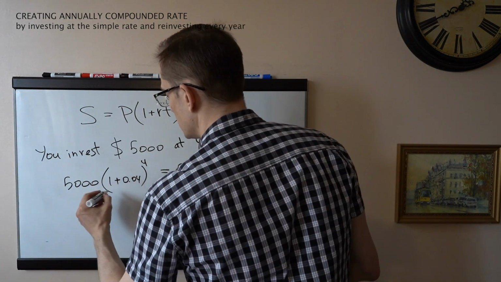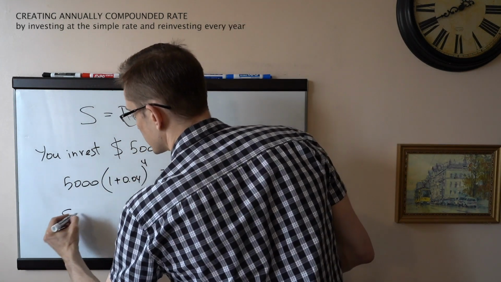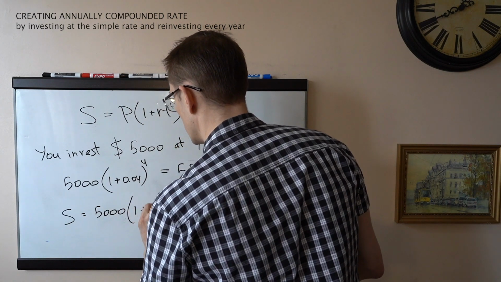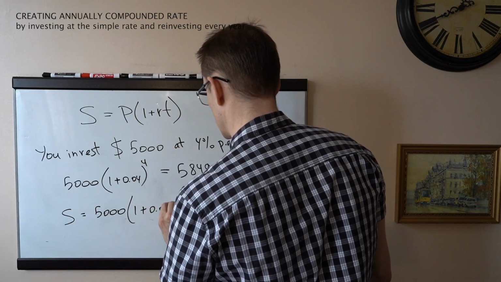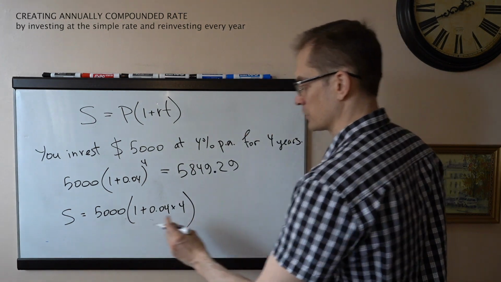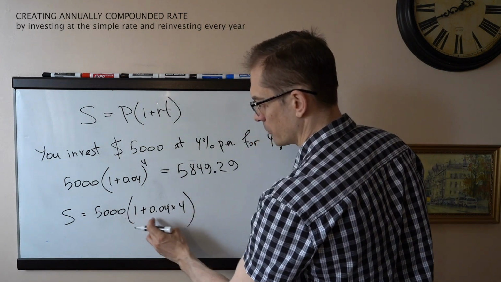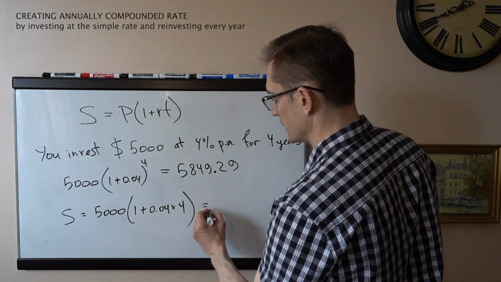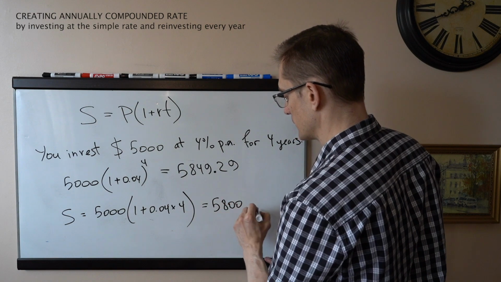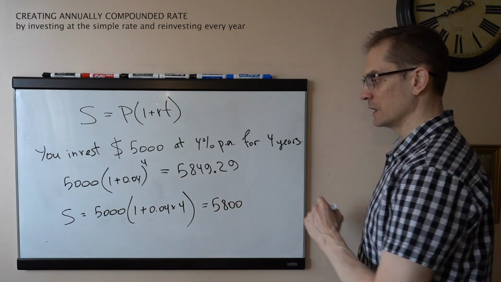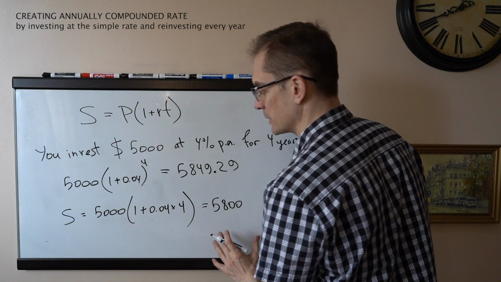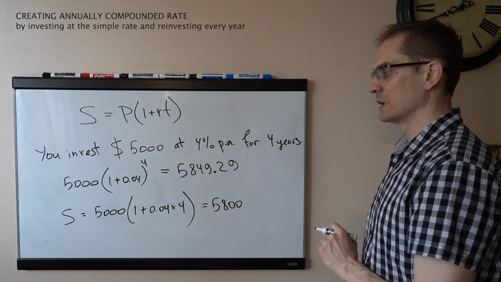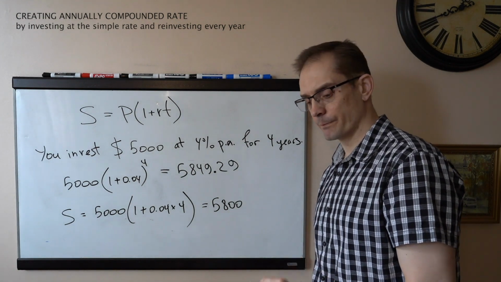So if you just calculated your simple future value, the calculation would be like this, right? 5,000 times (1 plus 0.04, which is the rate, times 4, which is 4 years), right? So that will be 5,800. You see, just going with simple interest for 4 years without reinvesting would give you less interest, almost $50 less.